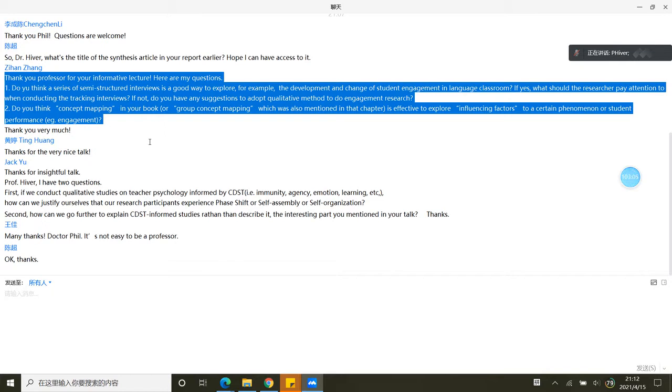Jack Yu has a very interesting question about when we are conducting qualitative studies, how can we justify the use of complex methods? And I think here the thing is we should come to the research question with a genuine open mind. Will we see phase shifts? Will we see self-organization? We don't know.